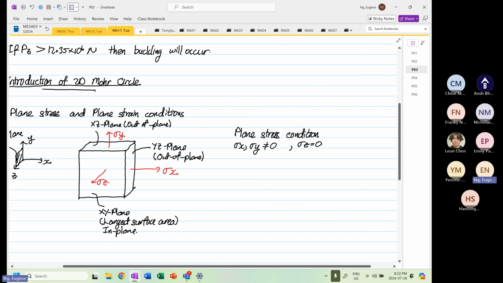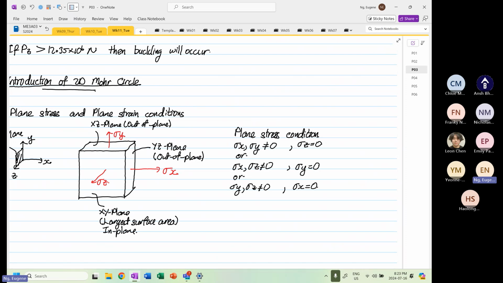This is what we call plane stress condition. Or you can have stress X and stress Z not equal to 0, but your stress Y is equal to 0. Or you have a condition where stress Y and stress Z are not equal to 0, where stress X is equal to 0. So this is what we call a situation where we have a plane stress condition.